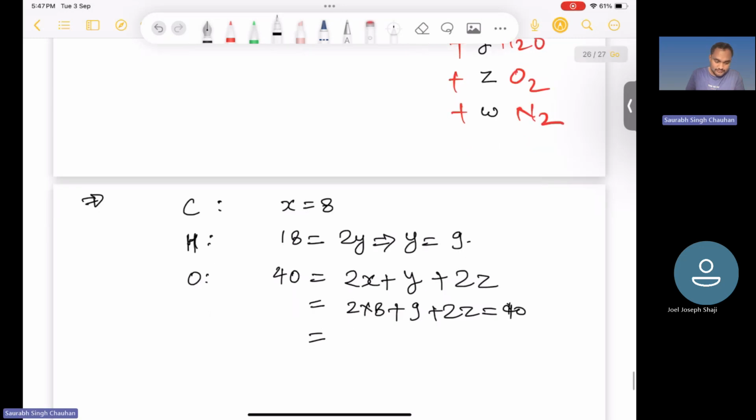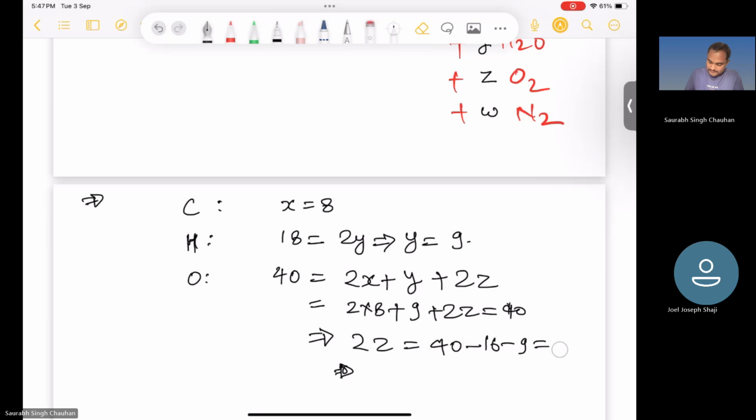From here you can calculate z. 2z equals 40 minus 16 minus 9, which is 15. So z is equal to 7.5.